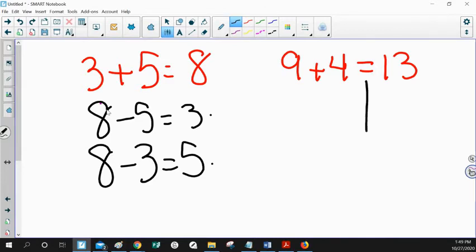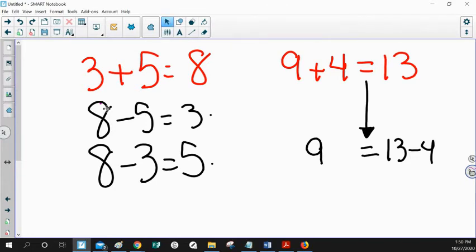So the first thing we do is we bring down our equal sign, because we want our equal sign to be in our final solution. I know that I want to get 9 by itself on one side of the equation. So ultimately, I want 9 on the left, and I want 13 minus 4 on the right. Well, to get that 4 to the other side of the equation, I have to subtract it from both sides.